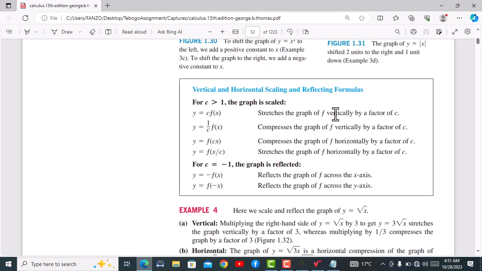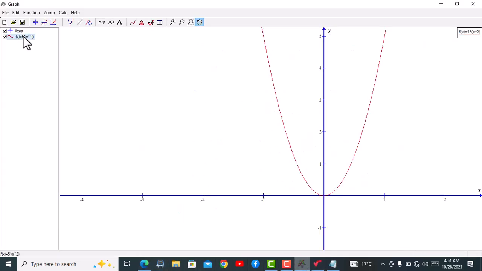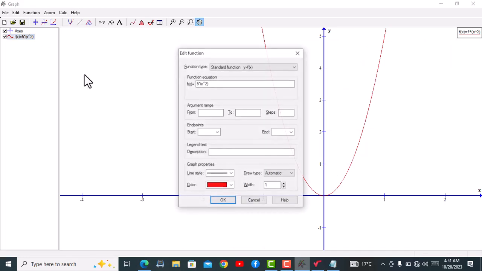In the case of a parabola, it stretches the graph vertically by a factor of c, for c bigger than 1, and I have used a value that is bigger than 1. Alright, and then let's use some fractions and see what will happen here.